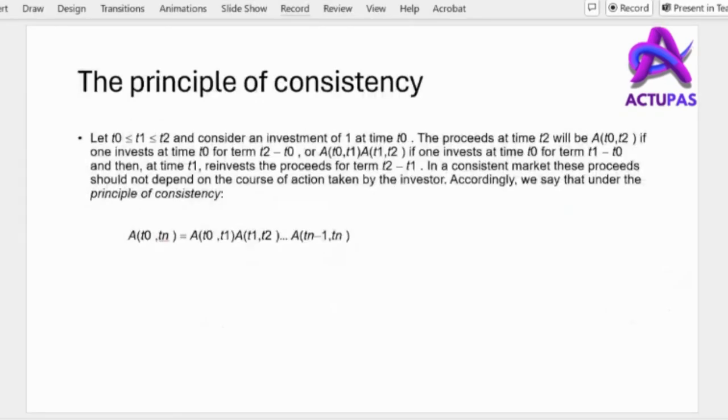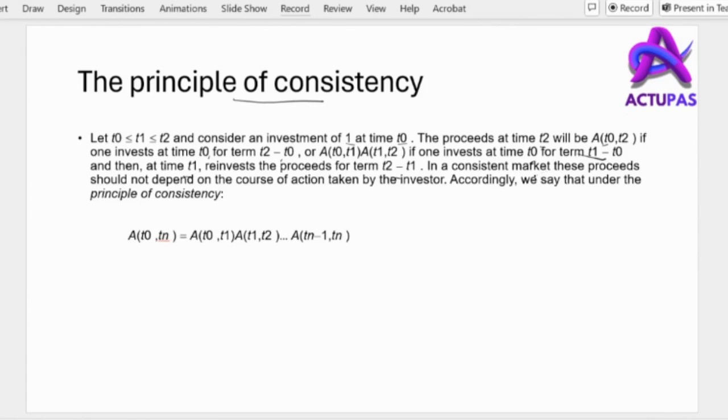Any questions? We now move to the principle of consistency. What's the principle of consistency? Let time t0 be less than or equal to time t1, less than or equal to time t2, and consider an investment of 1 at time t0. The proceeds at time t2 will be A(t0 to t2) if 1 is invested from time t0 to time t2, or A(t0 to t1) times A(t1 to t2) if 1 is invested at time t0 for time t1 minus t0, and then at time t1 the proceeds are reinvested for time t2 minus t1.